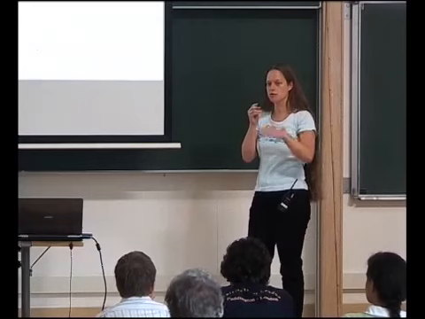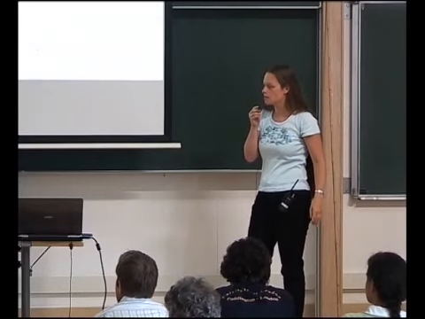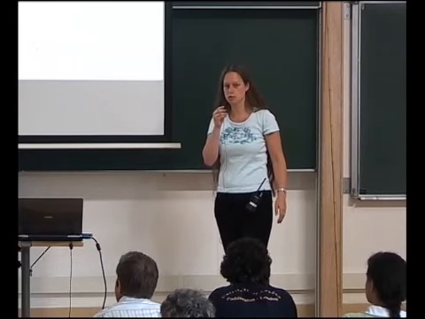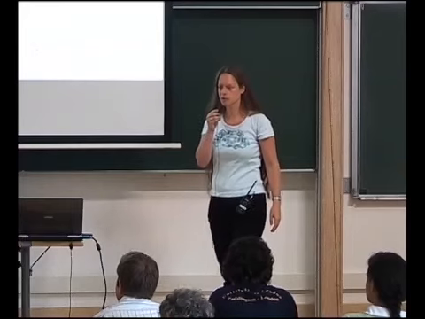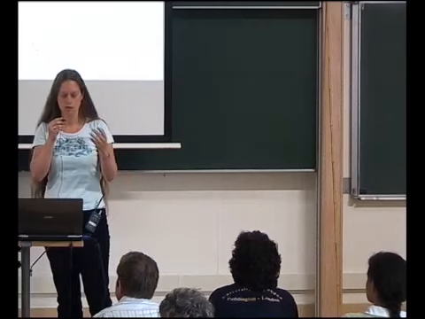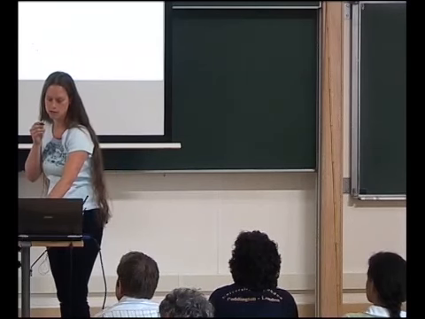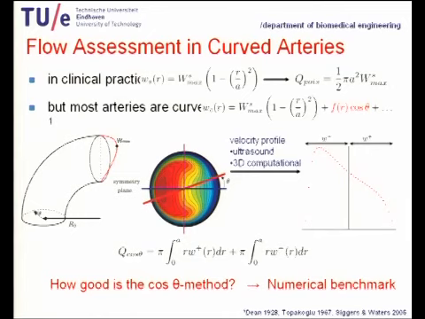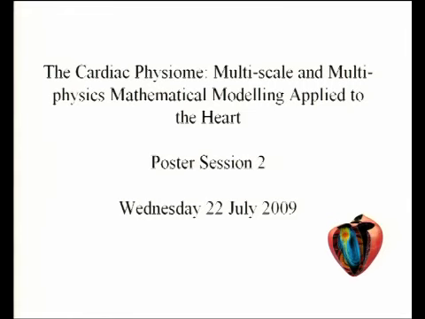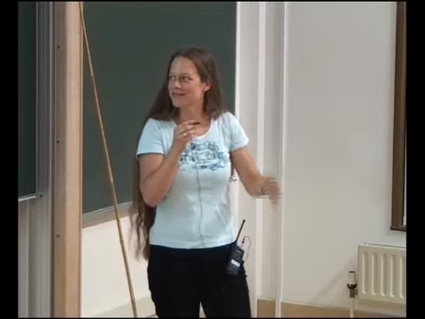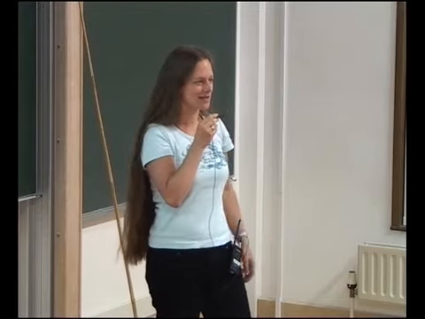What we basically do is we take the axial velocity profile, divide it in two, obtain the integral of each of the half profiles, and take the average flow of the integrals. How good is this method? Therefore, we use the numerical benchmark of a curved tube model, where we could prescribe the inlet flow, so we know the flow, and could calculate the deviation of the Physiome method and the cosine theta method.